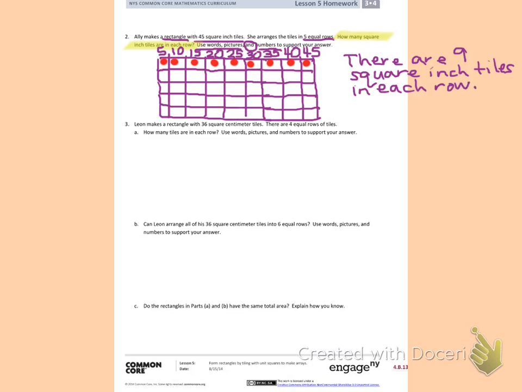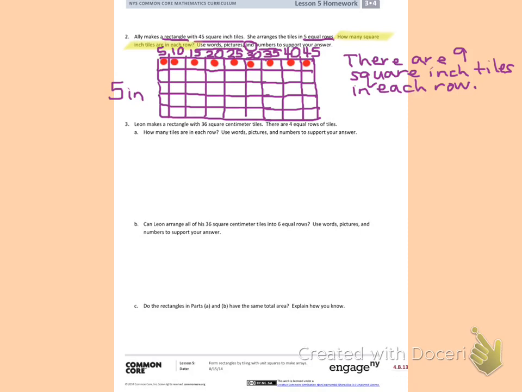Now let's go ahead and label our sides. They're square inches. So let's see here, there are 5 rows. So that's going to be 5 inches. And 9 columns, or 9 squares in each row.